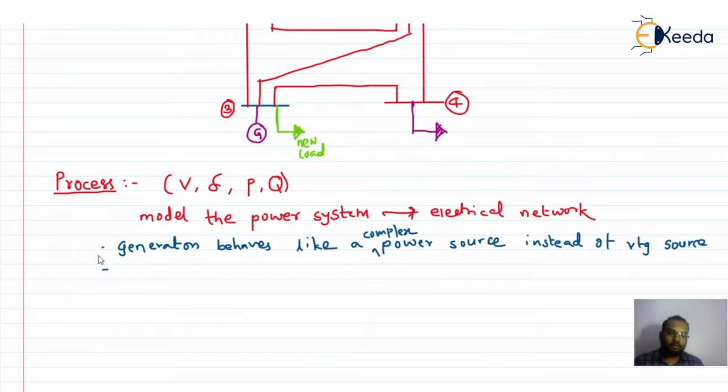If it is a complex load, we express that in terms of impedance, or if it is a resistive load, we express that in terms of some ohmic value. But when we model the power system into an electrical network, the load is represented as a complex power absorbing source. It absorbs the complex power.